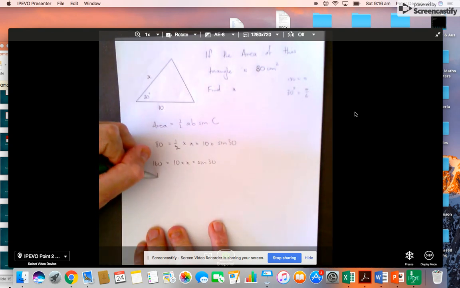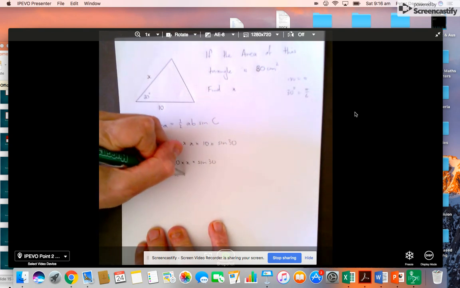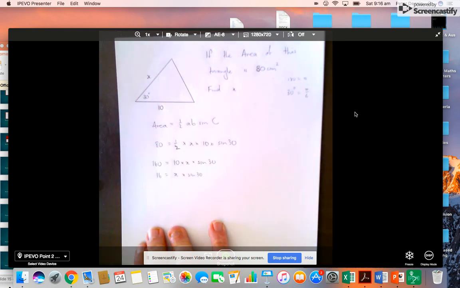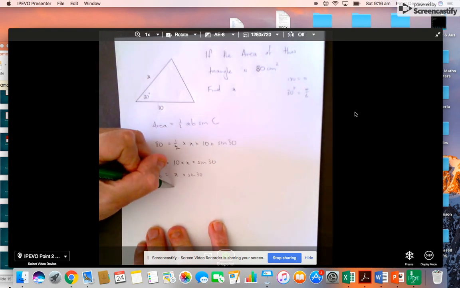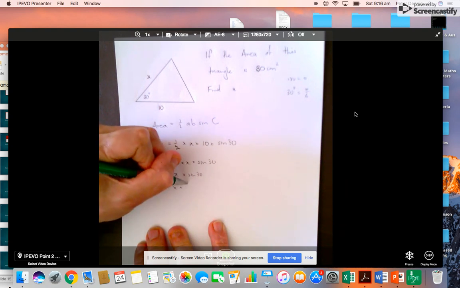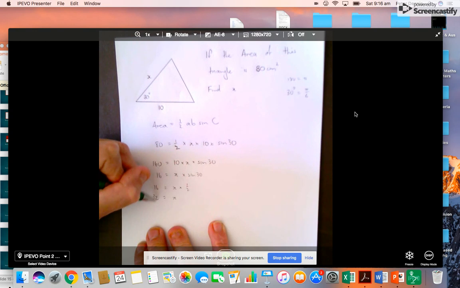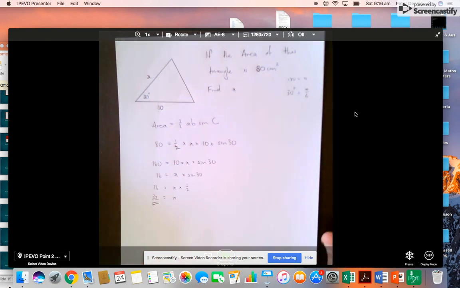Divide by 10 gives us 16 equals x times sine 30. Now we know that sine 30 is a half. We can do that on our calculator. So x times a half equals 16, so x would equal 32. And that's basically it.